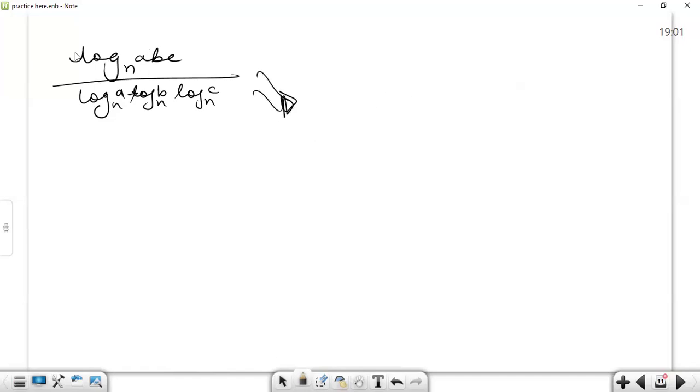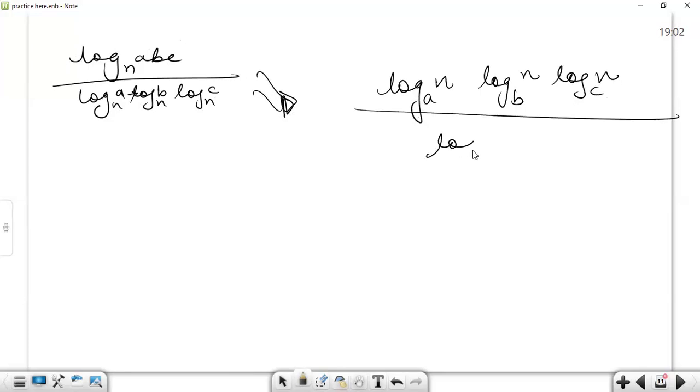So bringing this, let's now change the base again, and let's see what happens next. Okay, on changing the base, logarithm of n to the base a, logarithm n to the base b, logarithm of n to the base c, divided by logarithm of n to the base abc. So what is this basically?